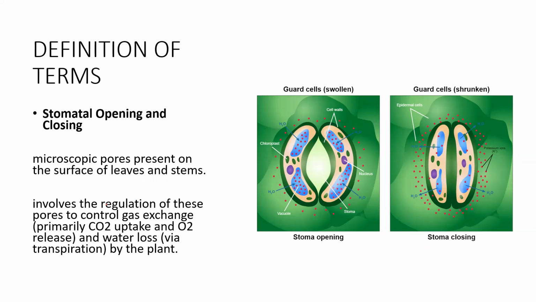So, it involves the regulation of these pores to control gas exchange, primarily the CO2 uptake and the O2 release. So, once na nag-open or nag-swollen ang stomata, it means siya yung pinaka-acceptor and release ng mga substances.